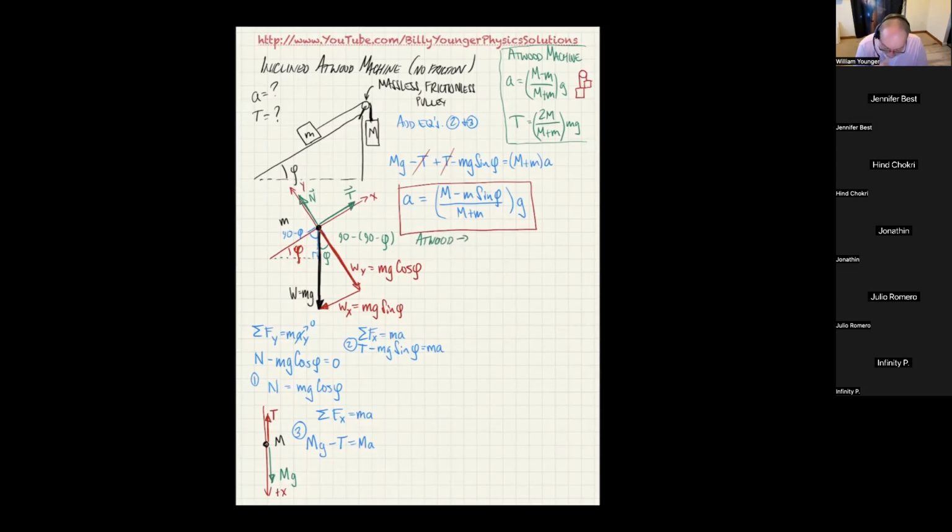If I really wanted to make this like the Atwood machine, what I would want to do is make that angle phi equal to 90 degrees. If I did that, then I think you see A would become M minus m times the sine of 90 degrees over M plus m, all that times g.